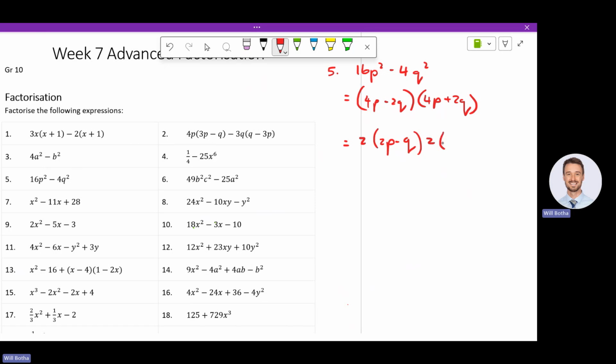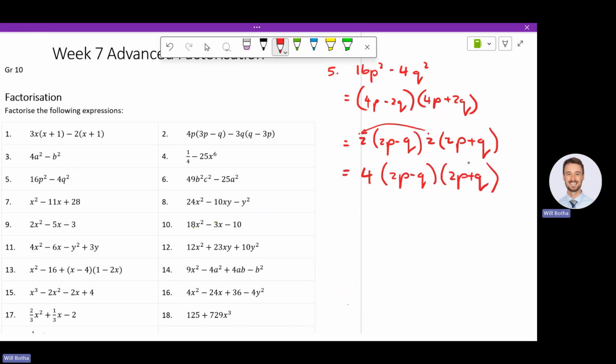And I'll take out the 2 in the second bracket, and I'll be left with 2p plus q. But I can't write it like this. This looks insane. The 2 here and the 2 here, I have to move to one side, and they multiply, and then I'll be left with 2p minus q and 2p plus q.